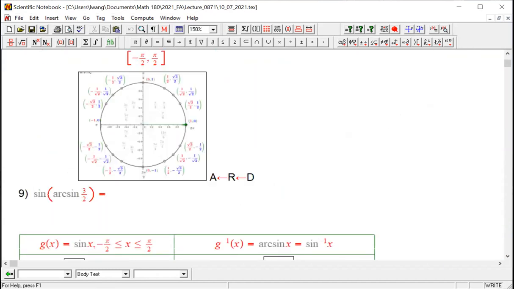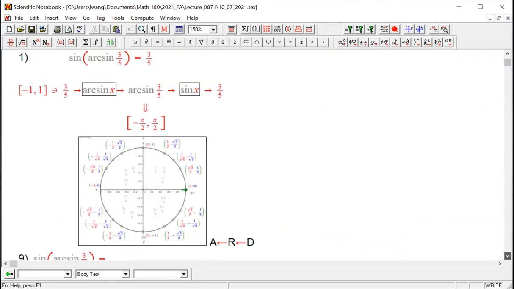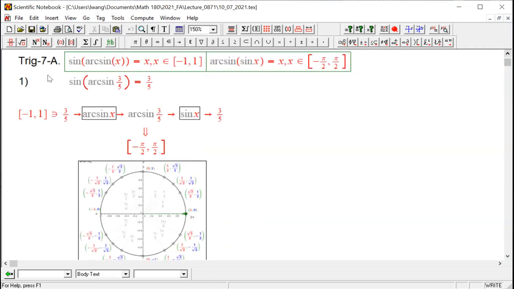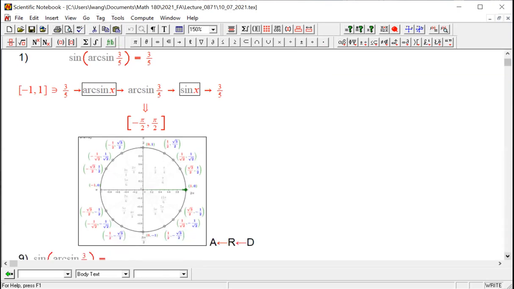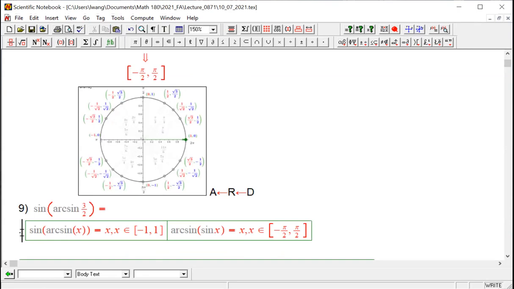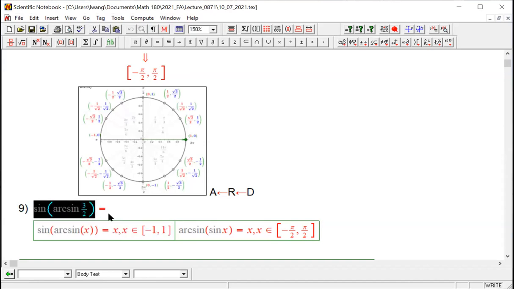I merely want to copy and paste that fabulous shortcut. Okay, so for this shortcut, I'm just copying it next to it. Does this property apply to our number 9?